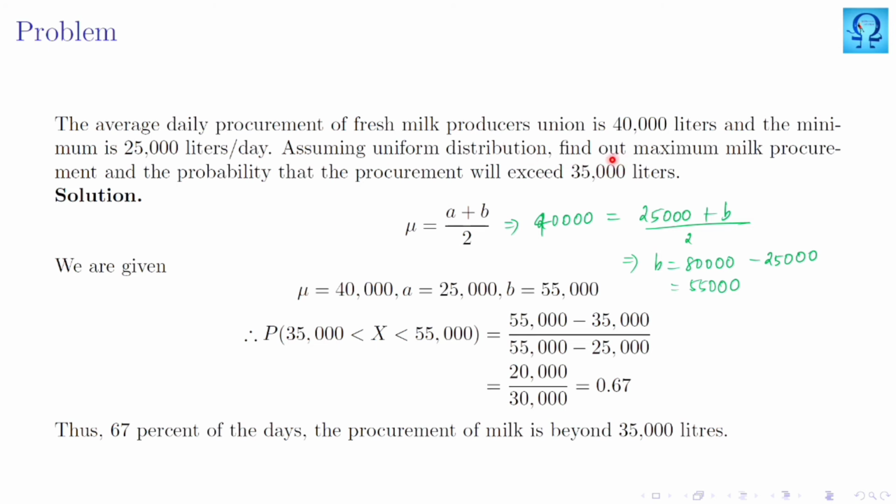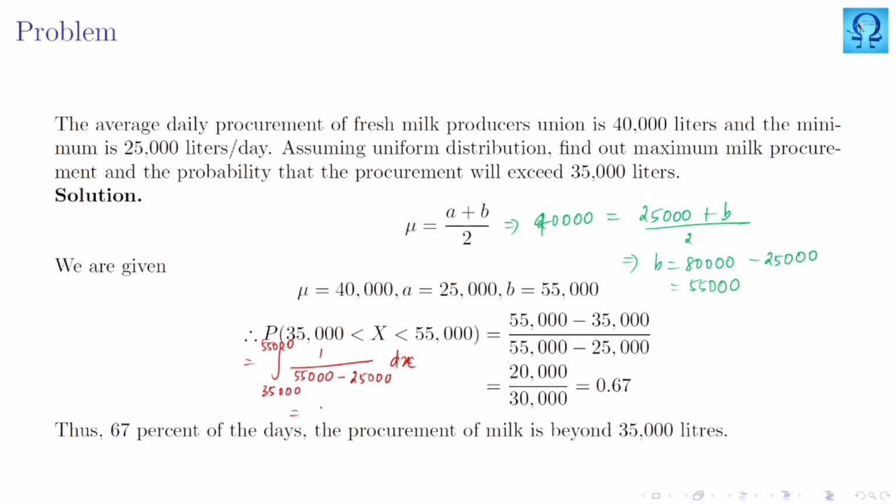Therefore the maximum that we found, 55,000, cannot be exceeded. So the probability is the integral from 35,000 to 55,000 of 1 divided by (55,000 minus 25,000), substituting in the density function.